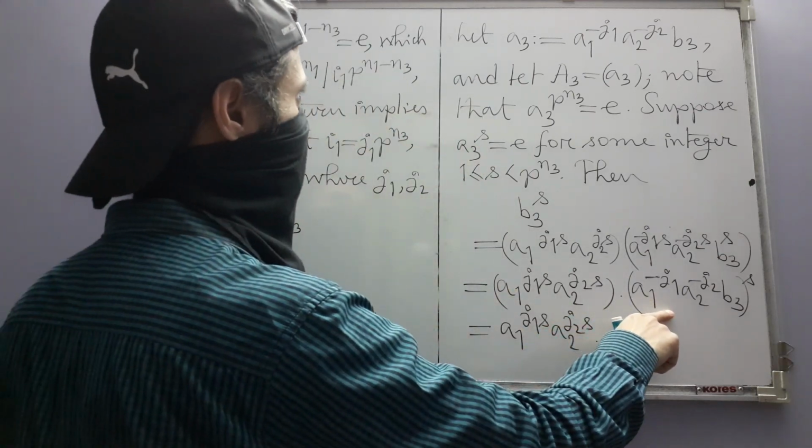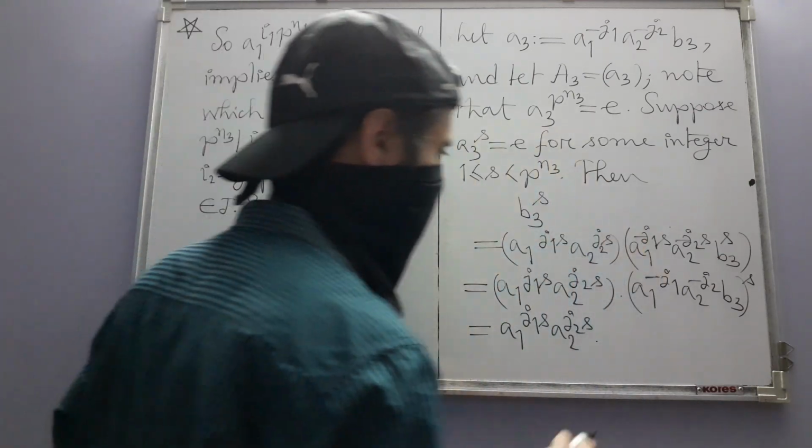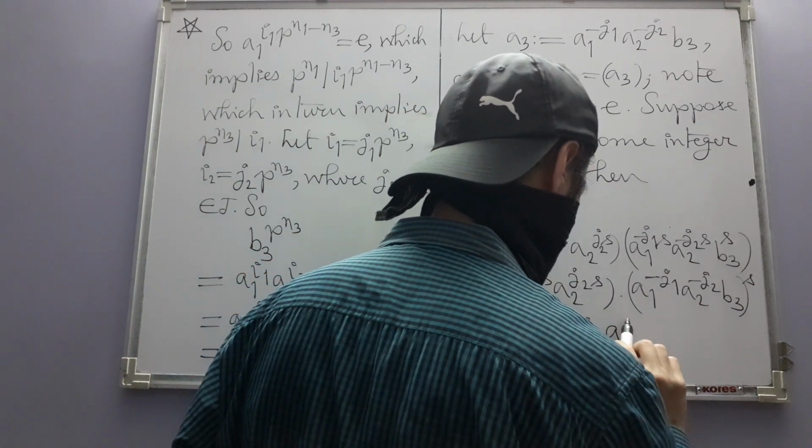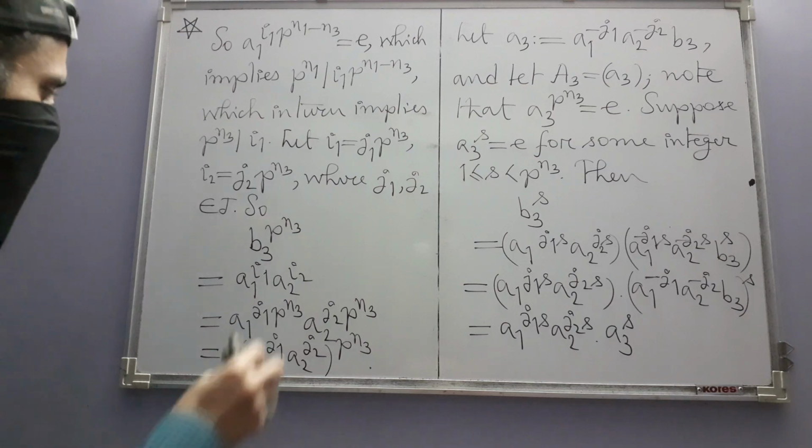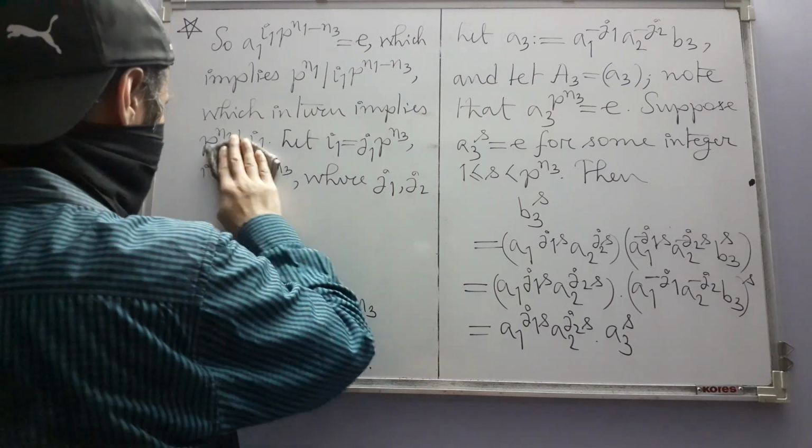And this thing is nothing but a3. And we have supposed that a3 to the power s is the identity.